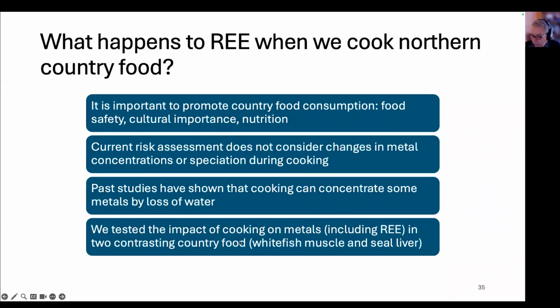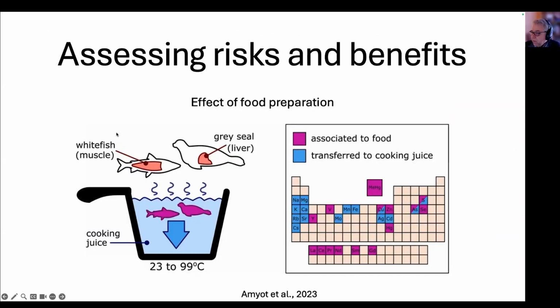We did an experiment where we cooked whitefish, mussel, and gray seal liver, and we looked at the partitioning of different metals of the periodic table between the cooked meat and the cooking juice. The hypothesis was that mercury and other class B metals that have a tendency to complex with proteins would stay in the meat, whereas others like alkali metals would probably get out, as previous studies have shown.